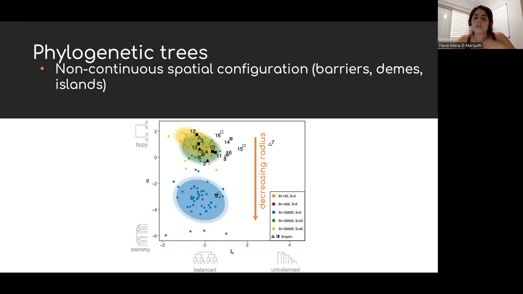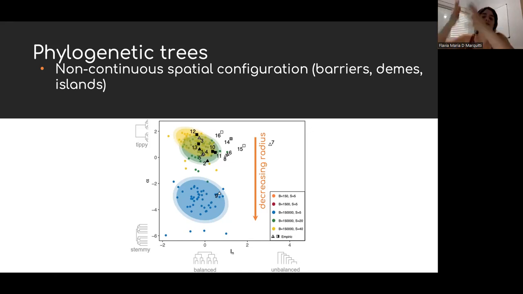And just going back here, I was moving from individuals that can reproduce with any other in the space to a more structured configuration where individuals could use only a smaller part of the space, their neighborhood.